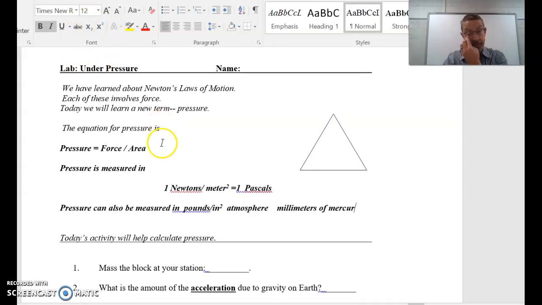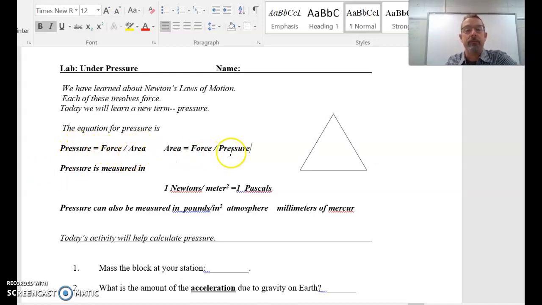Notice that if I have pressure equals force divided by area, I can get three equations for the price of one. I can say that area equals force divided by pressure, which will give me the area. All I'm doing is rearranging those ideas.